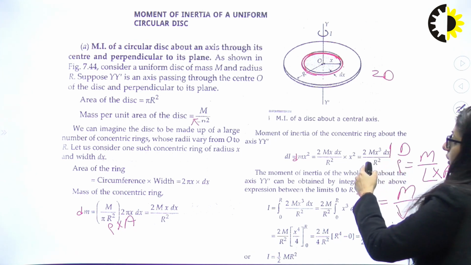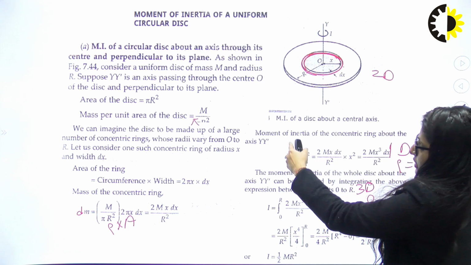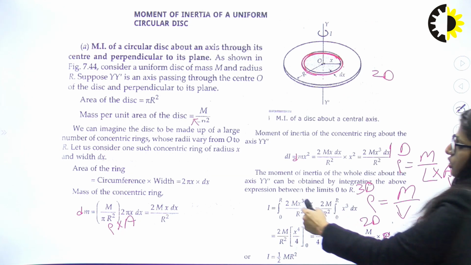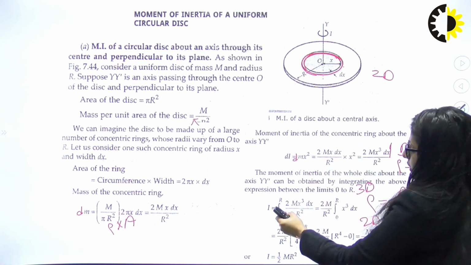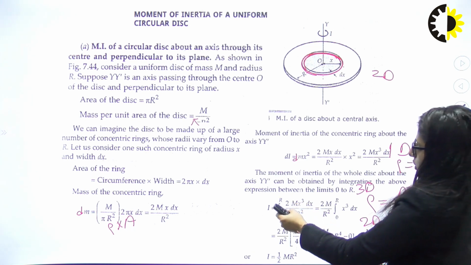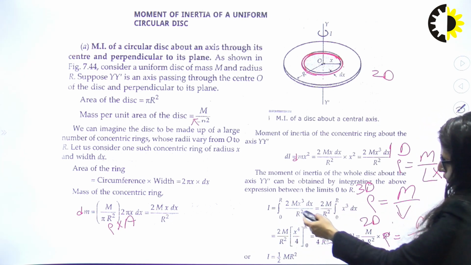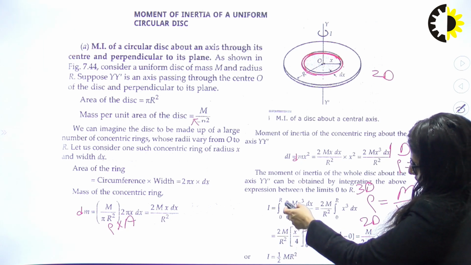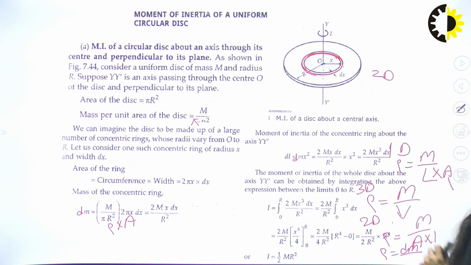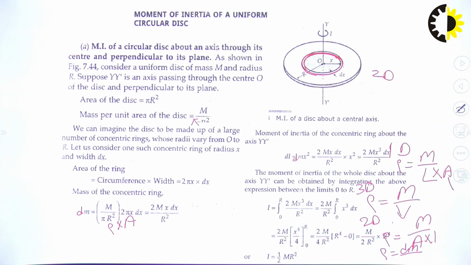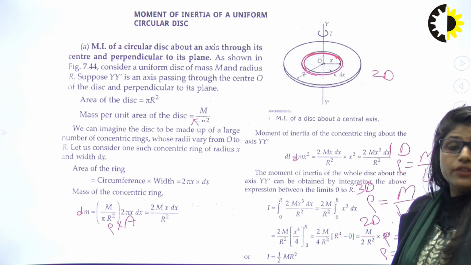Now integrate this di from 0 to r to find the moment of inertia of the circular plate. Integrating and putting the r value in place of x, we easily get half m r square, the moment of inertia of a circular plate. Now, we will continue in our next lecture.